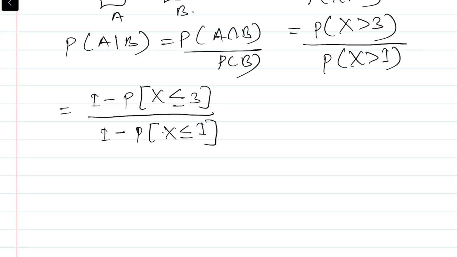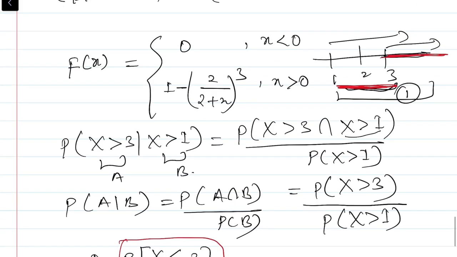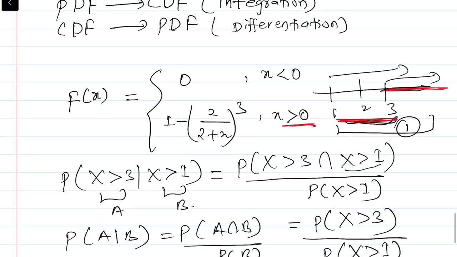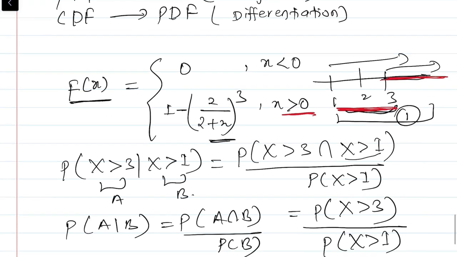All right, now what is this thing? This is nothing but the CDF up to point 3. The starting point will be 0, because in our question you can see the starting point is 0, and the end points will be 3 and 1. You are given the CDF, so you don't need to do anything; you'll simply put the value of x over there.